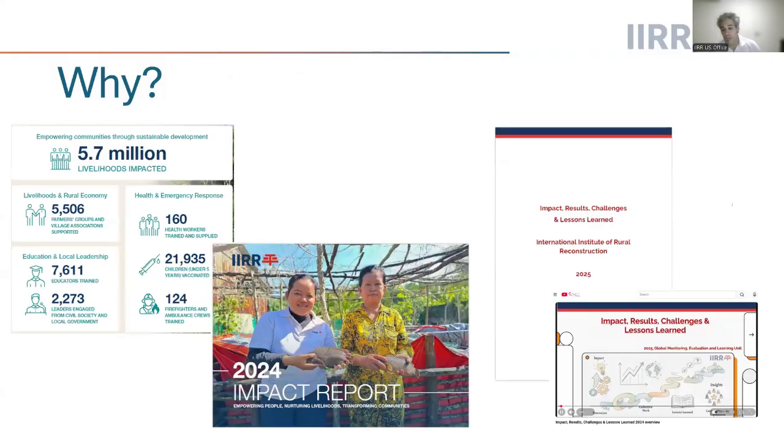Why are we asking for you to fill in this information? Well, with this information, we're going to prepare the annual impact report, but also the impact results, challenges, and lessons learned document. The one that you may have seen that there was a video of an overview of the document, where we share how was our operation during the year from the different units, from different countries, different projects.